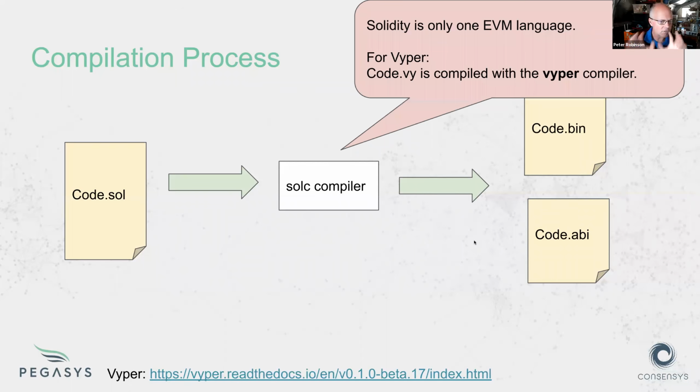Though it's worth remembering that Solidity is but one EVM language. For instance, there's a language called Viper, which is in alpha at the moment, and it's compiled with the Viper compiler.